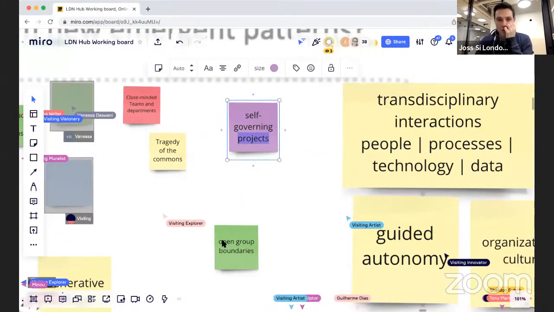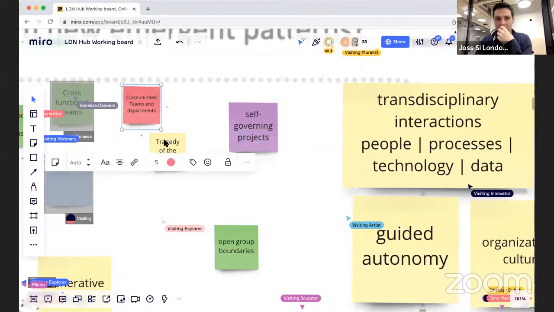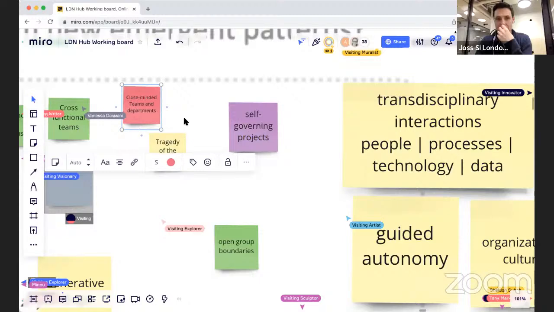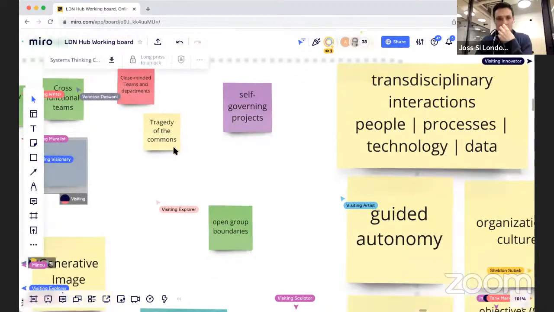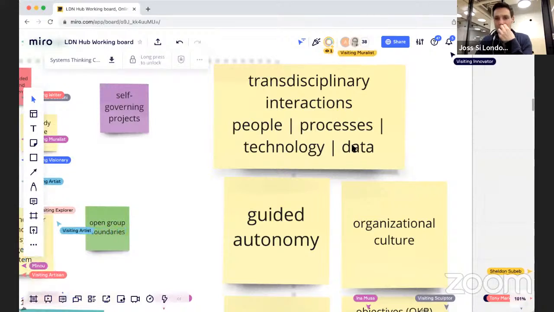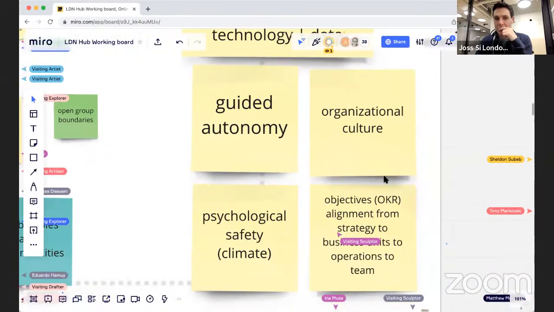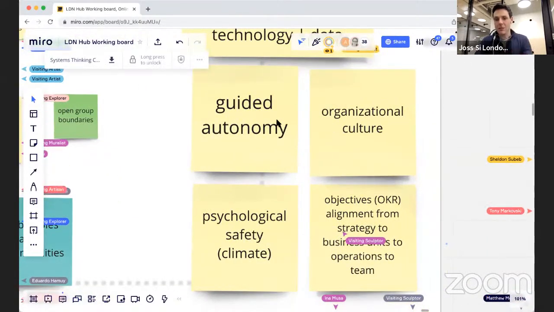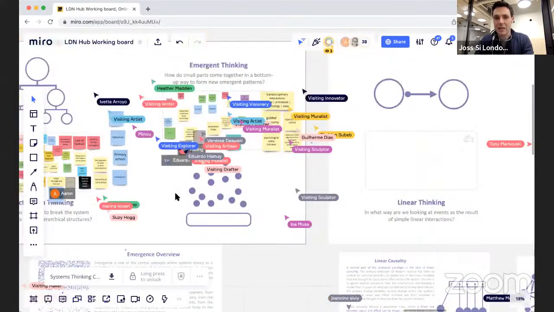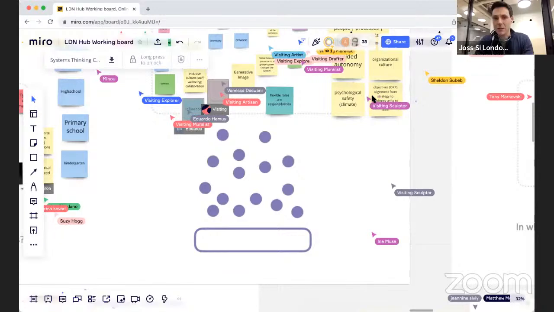Open group boundaries, yeah. Closed-minded teams and departments, tragedy of the commons, transdisciplinary interactions, people, processes, technology, and data, guided autonomy, organizational culture. So people are talking a bit about setting the context or the guides within which this self-organization might take place.